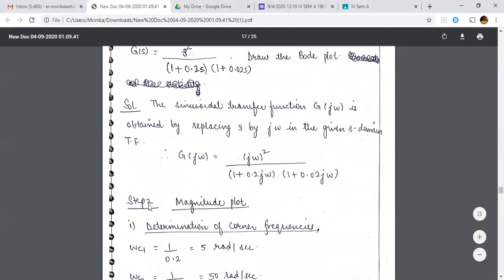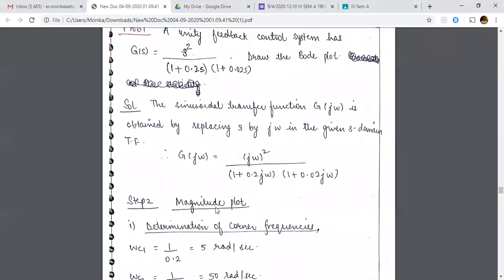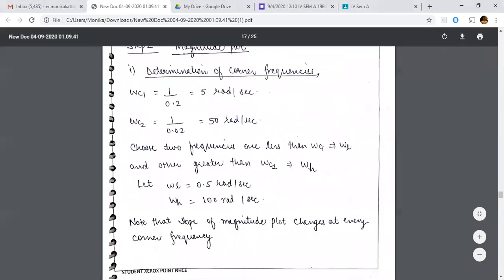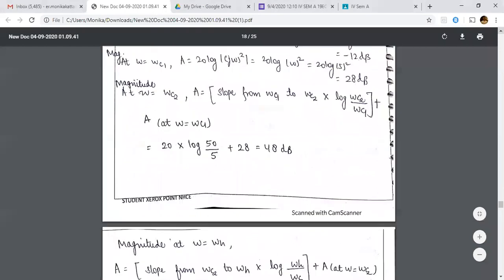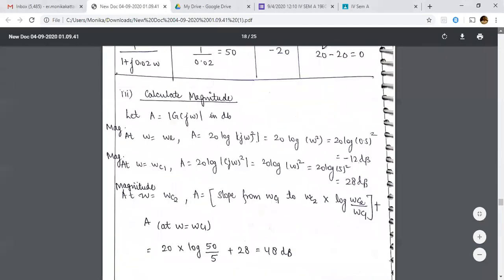Now step 2: you have to draw the magnitude plot for the given transfer function. The Bode plot is divided into two plots, the magnitude plot and the phase plot. So first we are drawing the magnitude plot. Now listen carefully. Drawing the magnitude plot consists of a few sub steps.